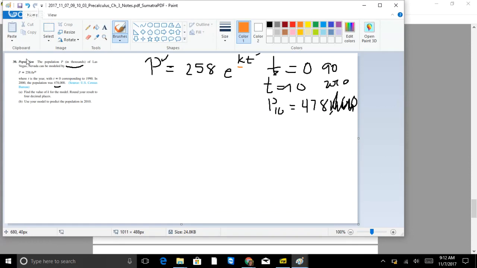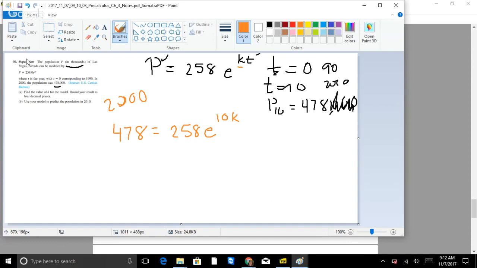All right, so we know that in the year 2000 the population is 478, and that equals 258 e to the k times the time, which is 10 years in.